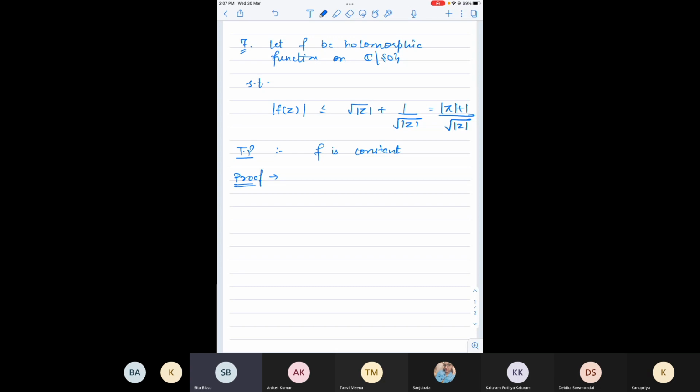Not directly, but we can approximate. So first of all, the first thing which we should observe is that this singularity at 0 is a removable singularity. For that you can observe that this limit is 0, which will imply that 0 is a removable singularity.